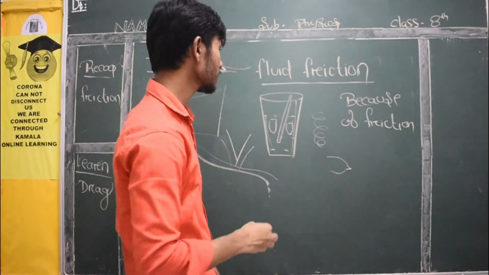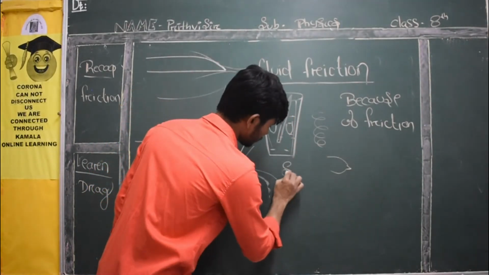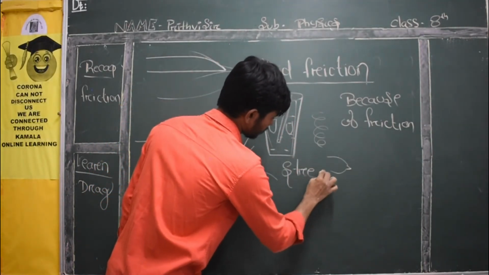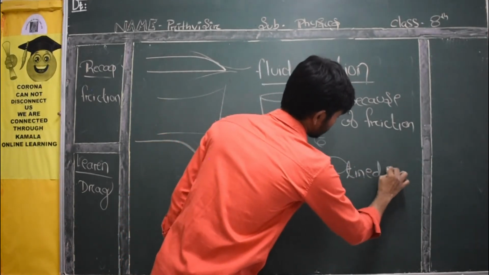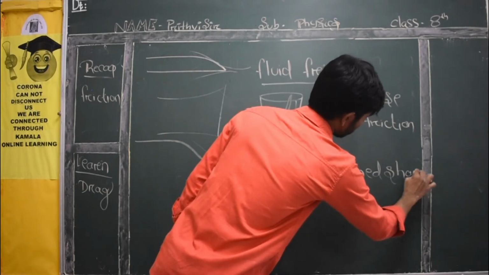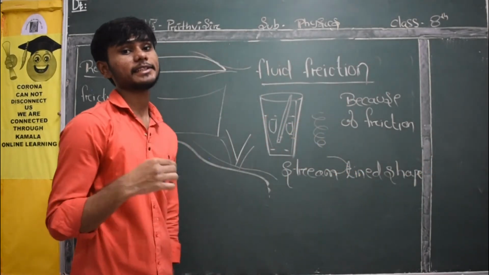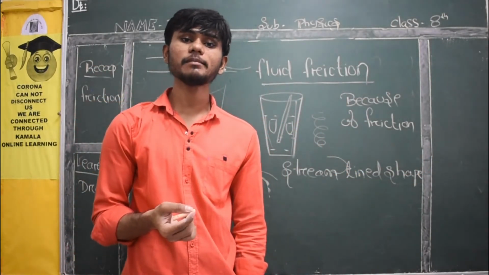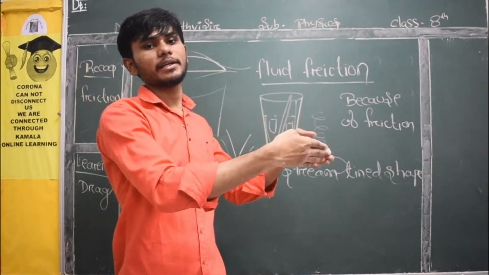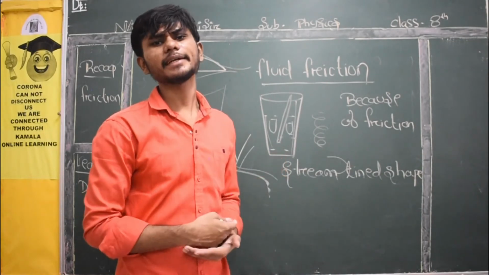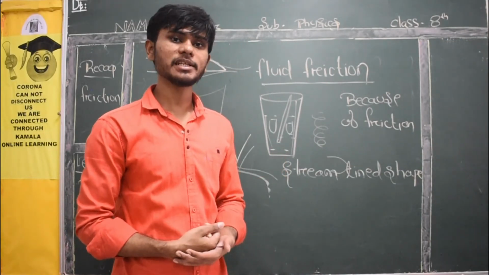Which shape, students? Streamlined shape. What exactly do we mean by streamlined shape? A broader part coming and joining at a common point, basically a triangular point. That is called a streamlined shape.